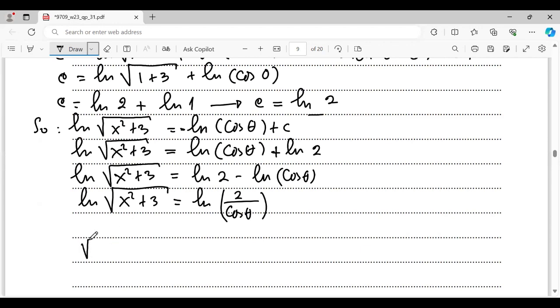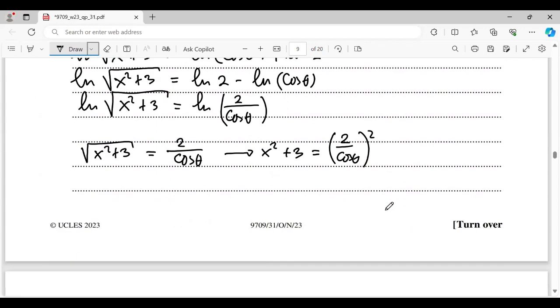So it means square root of x squared plus 3 equals 2 over cosine theta, or x squared plus 3 equals 2 over cosine theta, squared. X squared equals 4 over cosine squared theta minus 3.